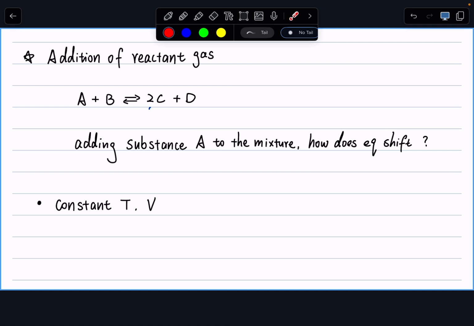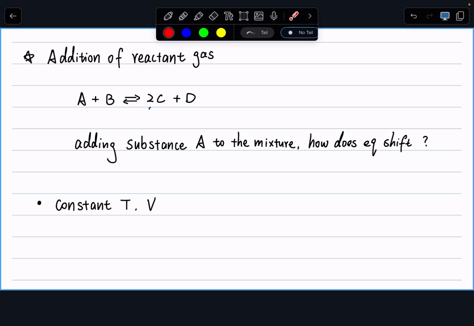Since my Pa is increasing, my reaction quotient will decrease because that stoichiometric coefficient is negative. So my Q will decrease with Pa increasing, and everything else stays the same. Now my reaction quotient is decreasing. My equilibrium constant is not changing.